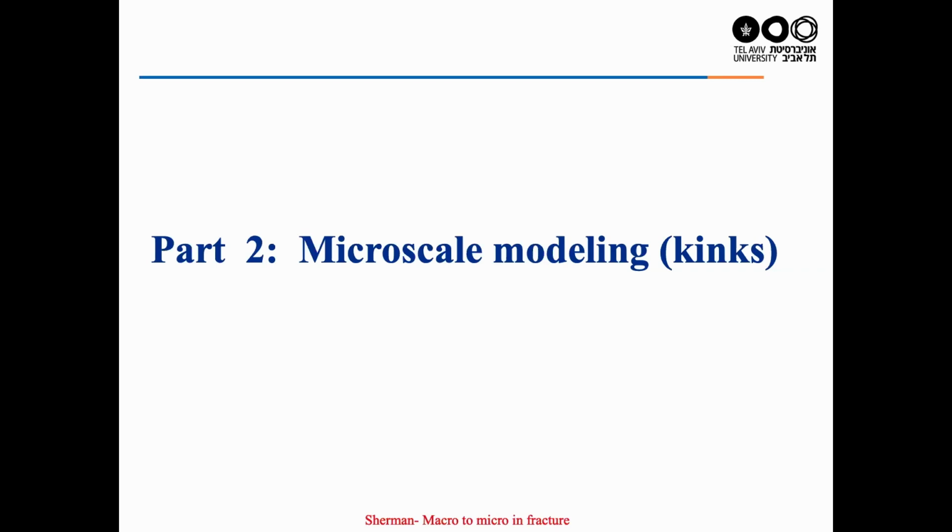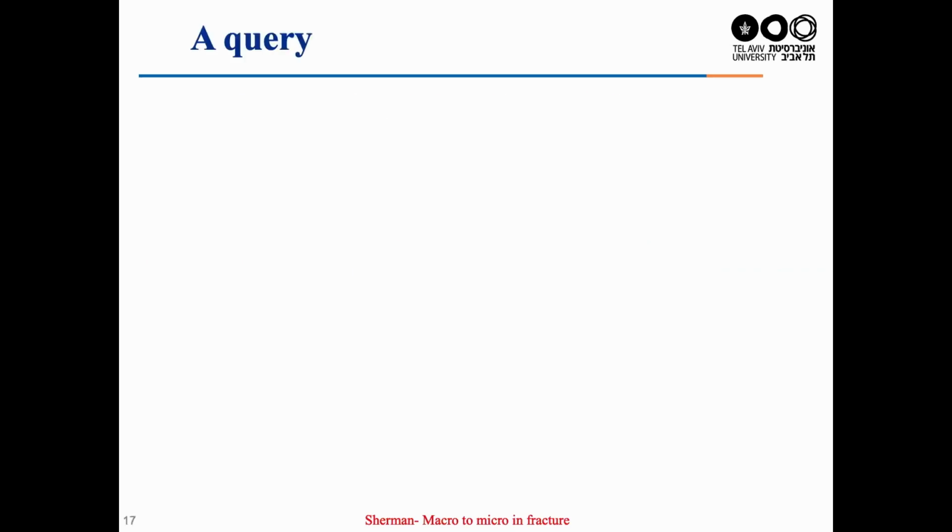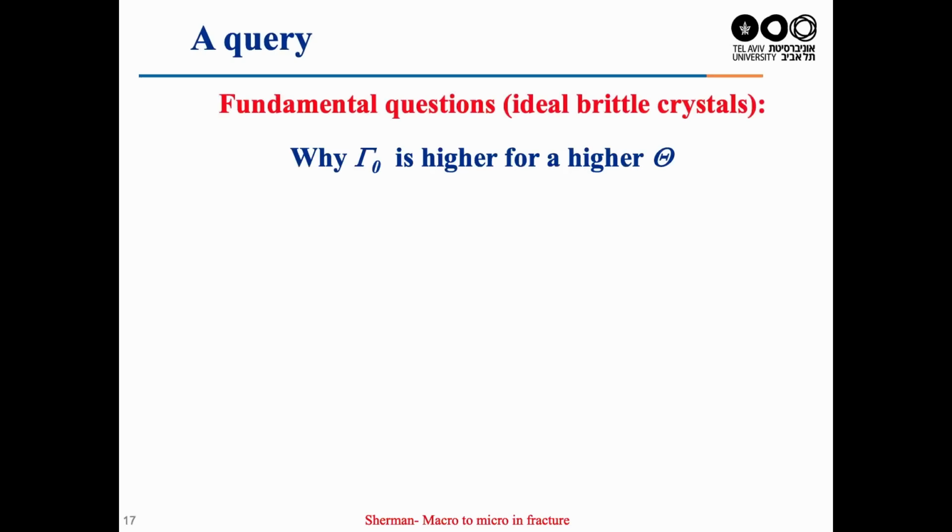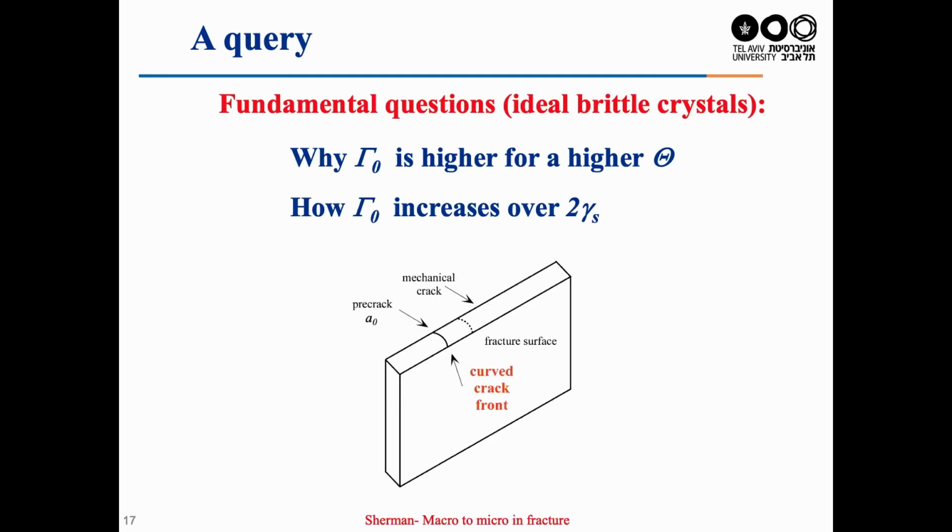I want to now suggest a mechanism that enables increasing of the cleavage energy in the crack system. I call it microscale modeling. So why gamma naught is higher for higher theta, and how gamma naught increases over true gamma surface.